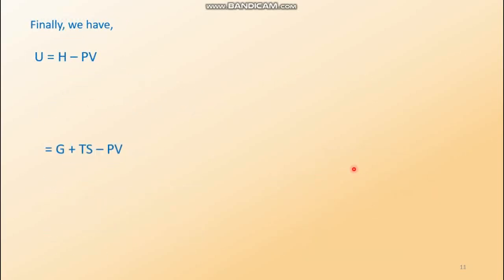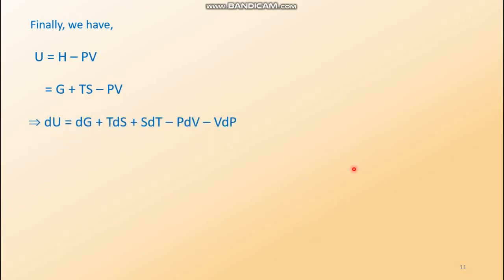Similarly, the same thing in case of U. U equals H minus PV, equals G plus Ts minus PV. This is not putting in the value, just taking the derivative of both sides. So taking the derivative of both sides, on the left hand side dU, and on the right hand side you have 5 terms: dG plus TdS plus SdT minus VdP minus PdV.